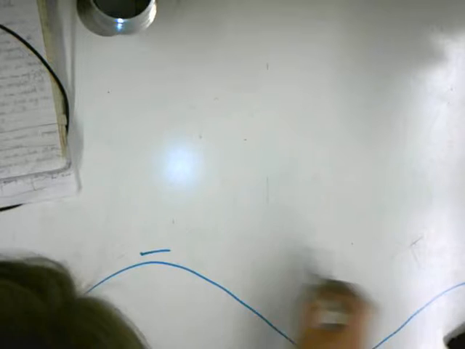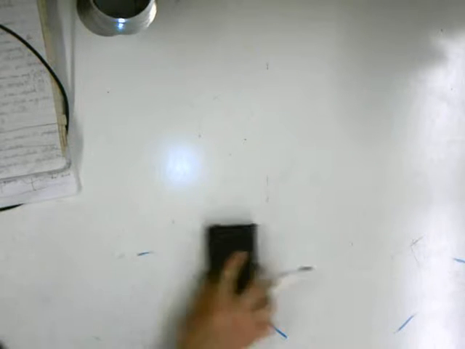The period is the time it takes to complete one cycle of the wave. It's the time required to complete a cycle. Period equals 1 over frequency.